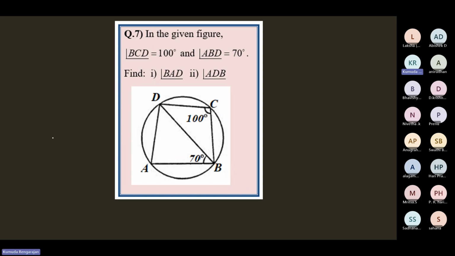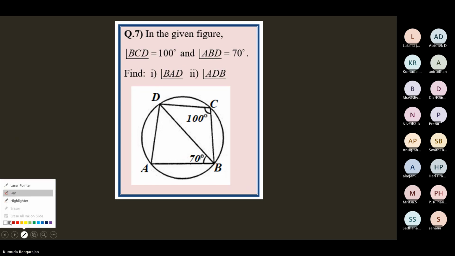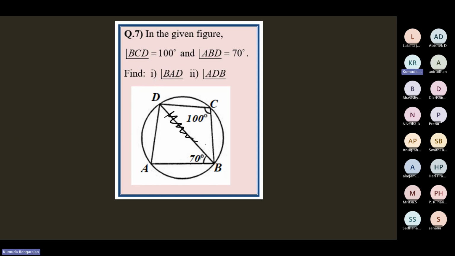So here we have to find BAD. Since it's a cyclic quadrilateral, opposite angles are supplementary. Don't see the diagonal BD going in the middle. We have to find BAD, this angle. In a cyclic quadrilateral, opposite angles are supplementary, so this is 80 degrees. Then we have to find ADB.